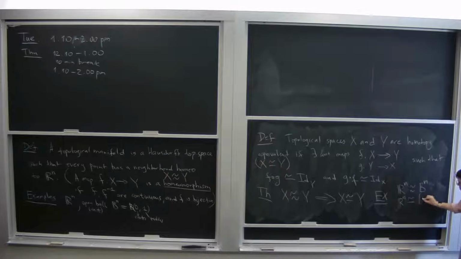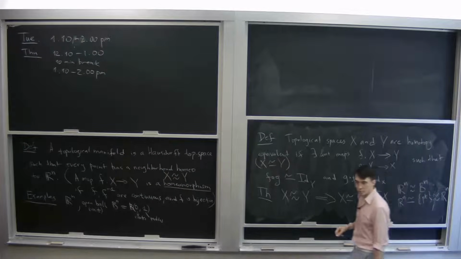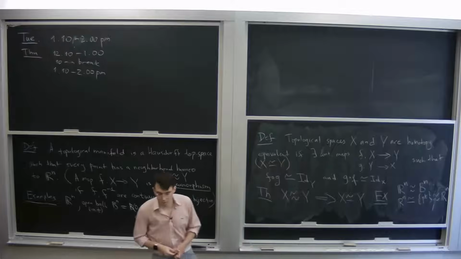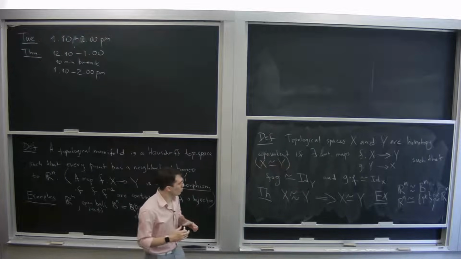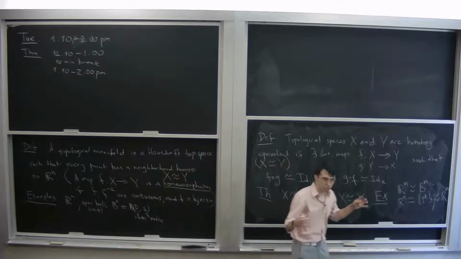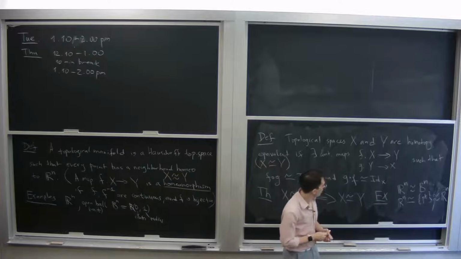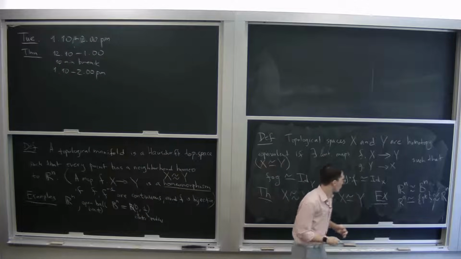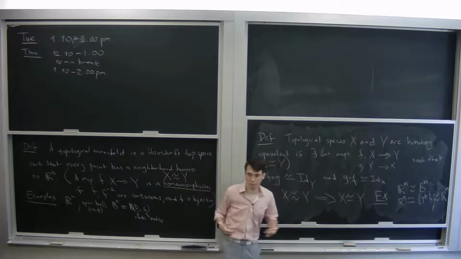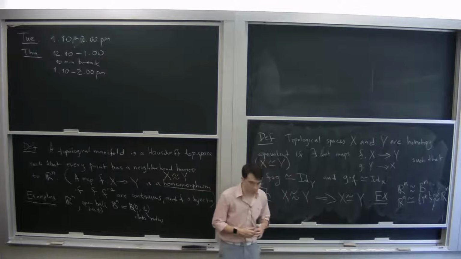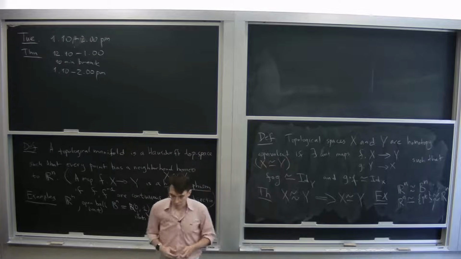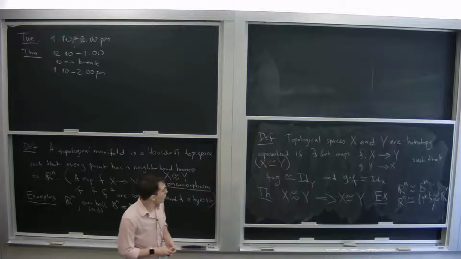But the point is not homeomorphic to R^n. So the point is homotopy equivalent to R^n, and basically any open ball; R^n is contractible to the point. We say contractible to the point if there is a homotopy equivalence between the space and the point. Or we just say contractible.